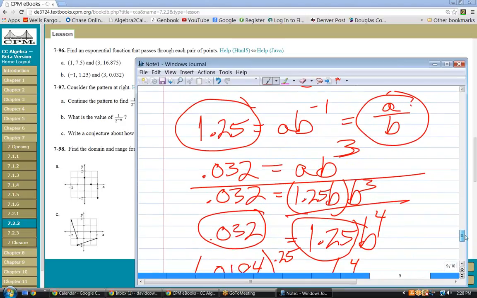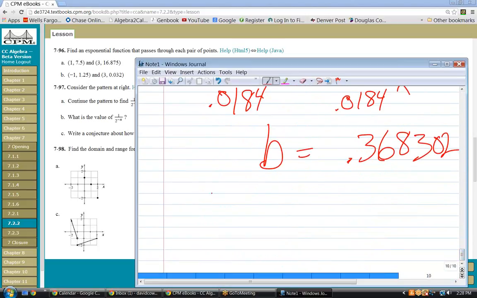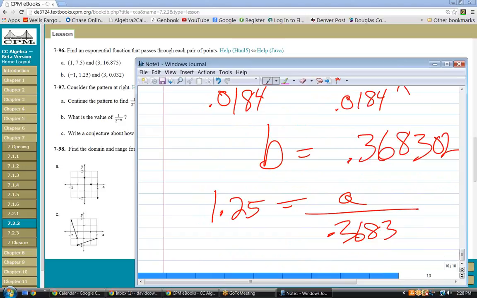I can solve for A because I know 1.25 equals A over B. So I have 1.25 equals A divided by 0.368302.